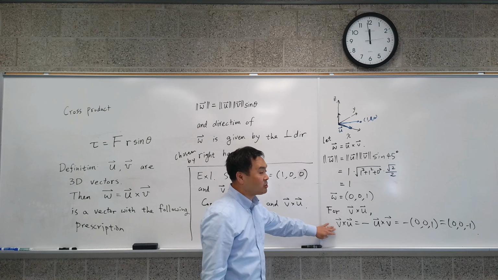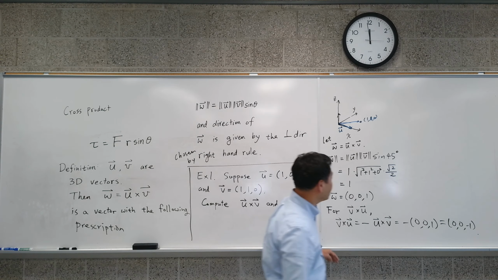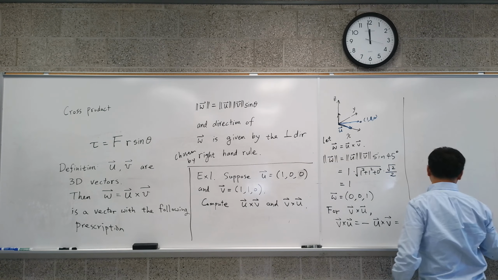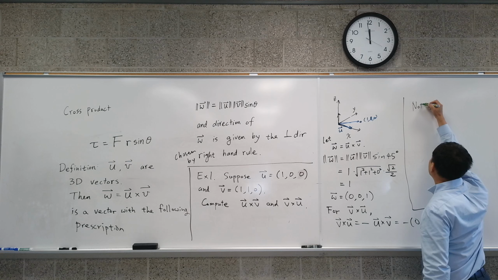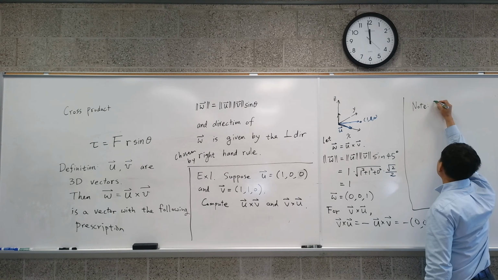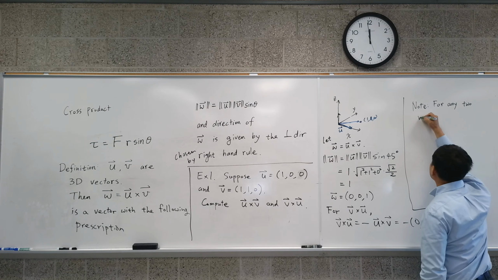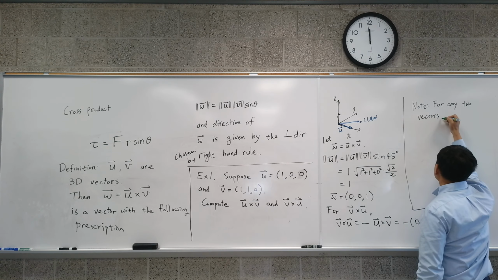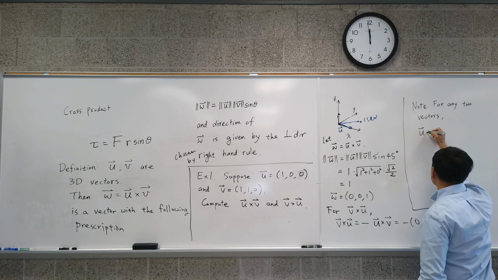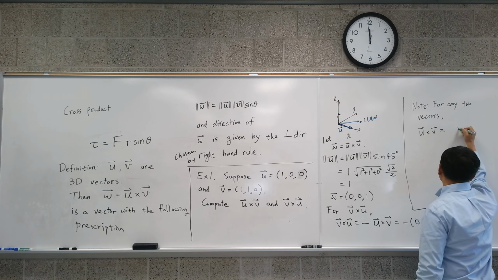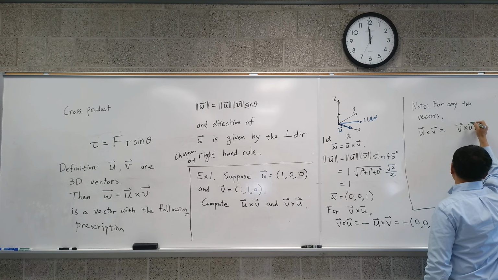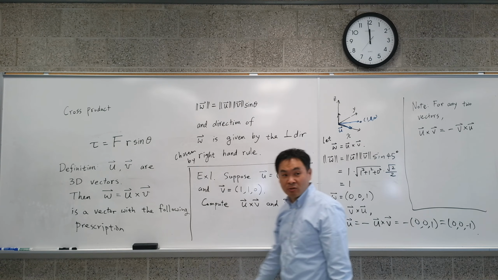This actually would happen all the time. So note, for any two vectors, it's always true that u cross v and v cross u are direct opposites of each other.